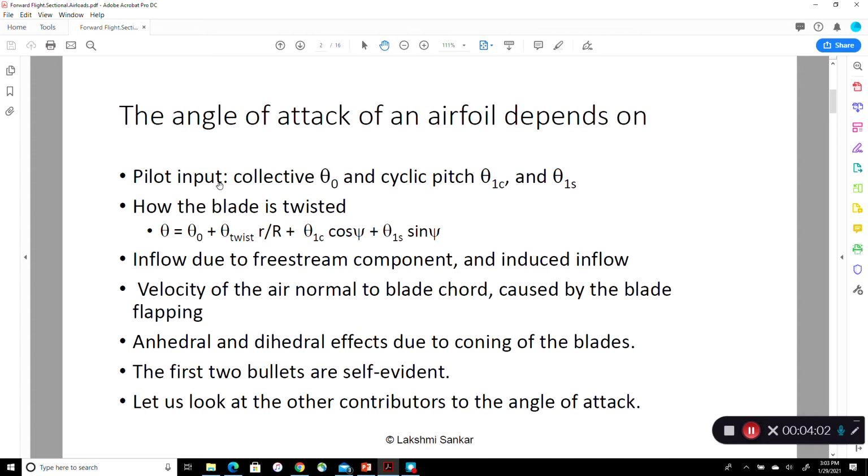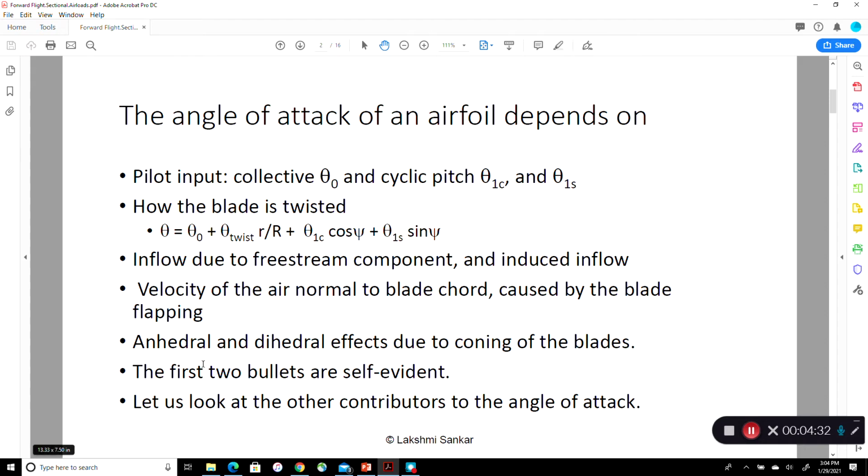So these components, these are pretty obvious, but we also have other things to consider, which is the relative velocity that the airfoil sees, because the free stream is coming at an angle, alpha. We are also introducing some induced inflow. The blade is flapping up and down, so it sees the air coming towards it or away from it when it's flapping up or down, so that needs to be considered.